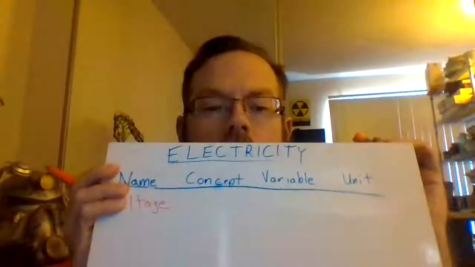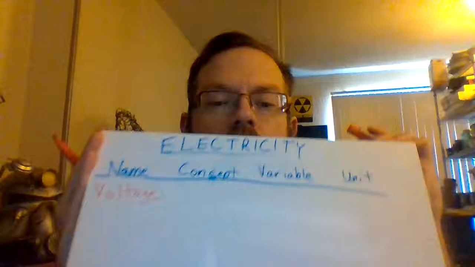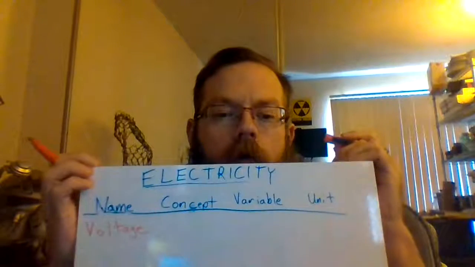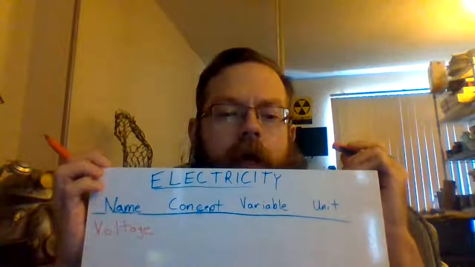So I'm going to update my little table. The name of this is voltage, and that's how it'll be referred to. So here we go. Voltage. So voltage is the name. For the concept, if we wanted to break that down really small, we might call it 2 ways of thinking about it. We could just say it's the strength of current.